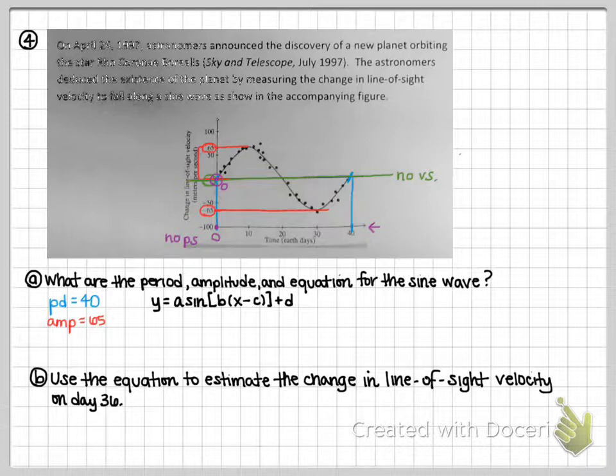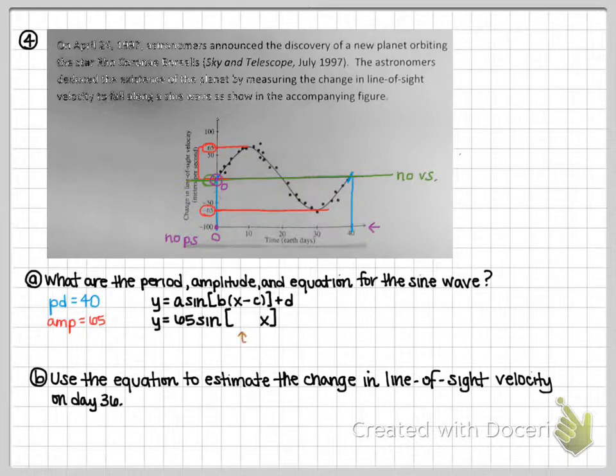A is going to be our amplitude, so I can plug the 65 in there. B helps determine the period. My period is supposed to be 2 pi over b. My c and my d, I don't have to plug anything in. So let's see if we can start plugging some stuff in.